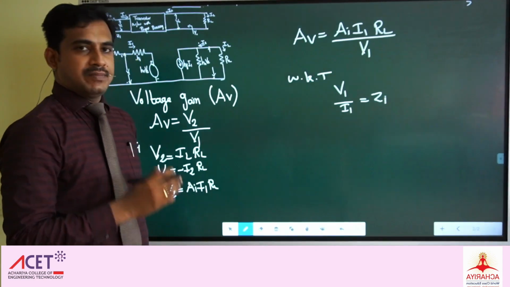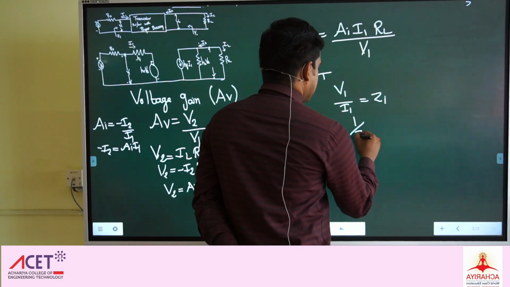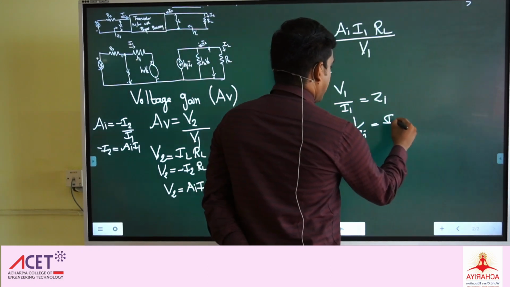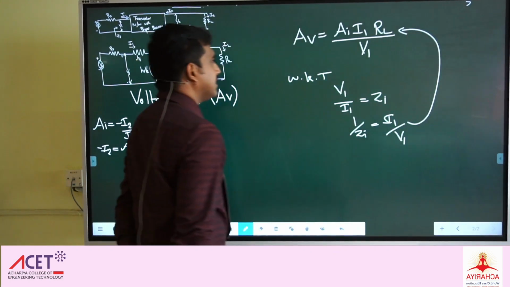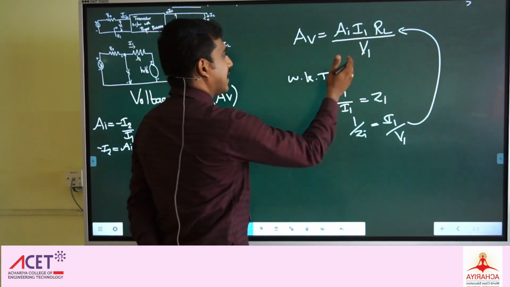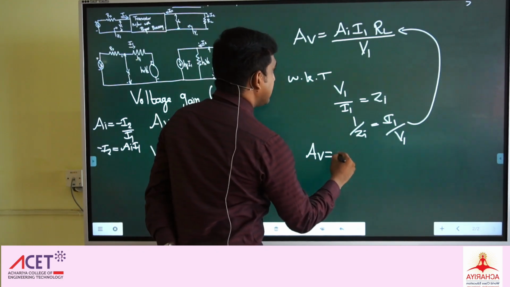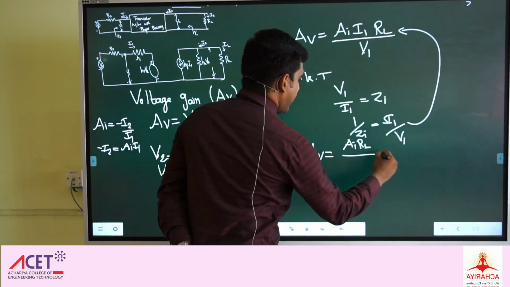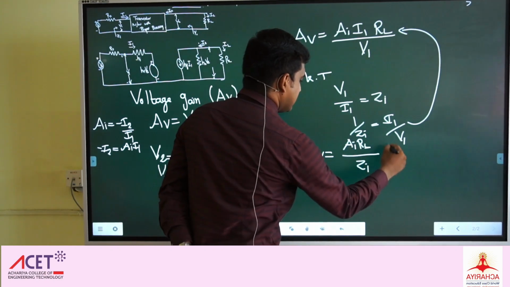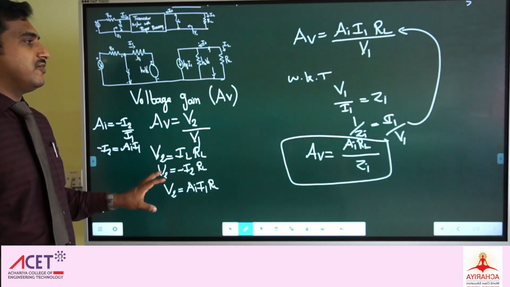So 1 by Zi is equal to I1 divided by V1. Substituting this, AV voltage gain is equal to AI into RL divided by Zi. This is the voltage gain of the transistorized amplifier.